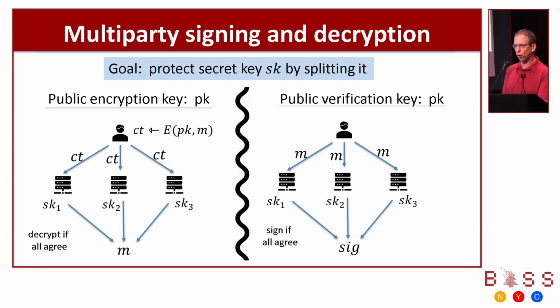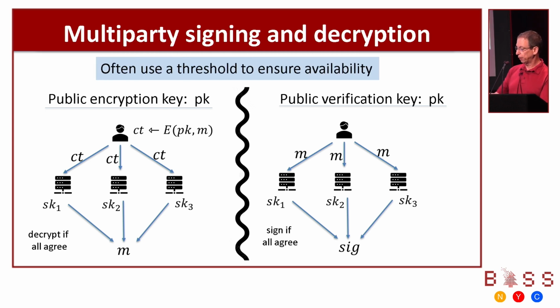This is sometimes called threshold cryptography, although I like the term multi-party signing and decryption because, as I described it here, there's no threshold. All participants are needed to decrypt, and all participants are needed to sign. Of course, there's also a threshold version, where only, let's say, 2 out of 3 participants are needed.